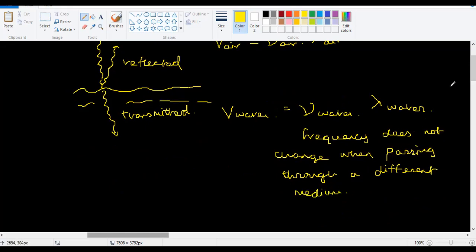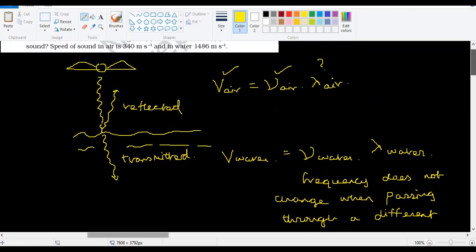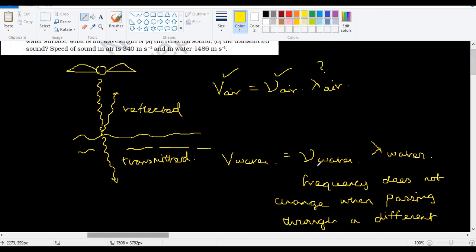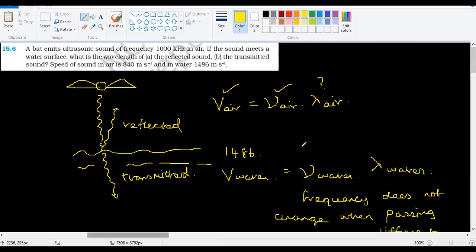Is that okay, Vishwan? Yes, sir. We'll study more about this in the 12th standard. When light is passing from air to glass, the frequency remains the same, but the wavelength alone will change. It's the same thing in sound waves also. So you see 1486. The speed changes, the frequency remains the same. So the frequency will be 1000 kilohertz, which means you can find the lambda.